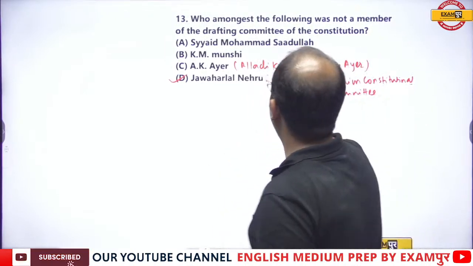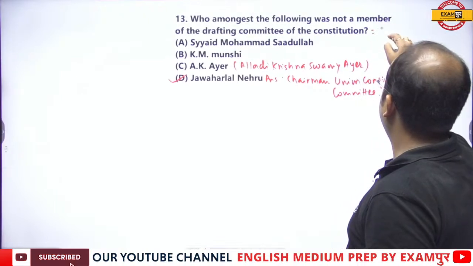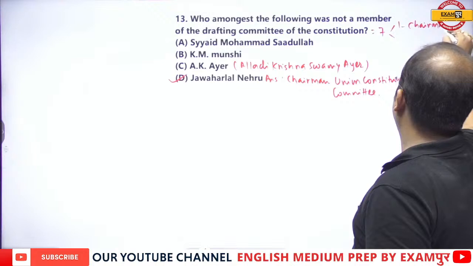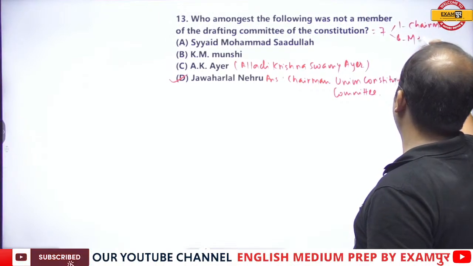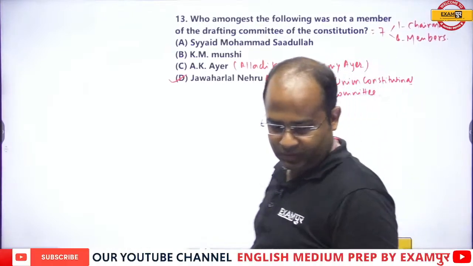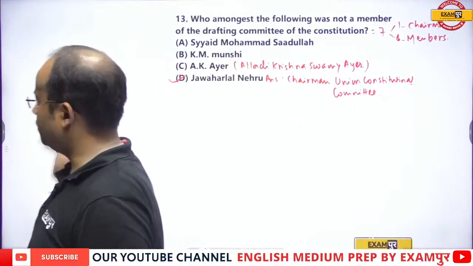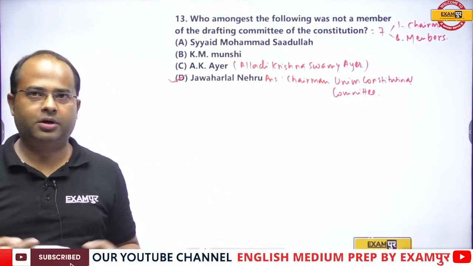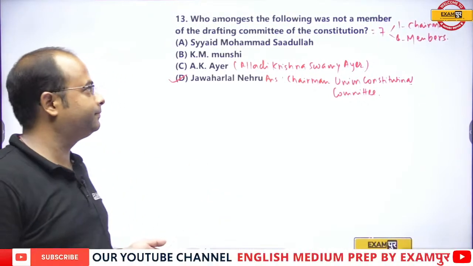Rest total we have the 7 members. 1 was chairman and 6 were members. So correct answer will be, guys, option D, that is Pandit Nehru. He was not the member of the drafting committee.